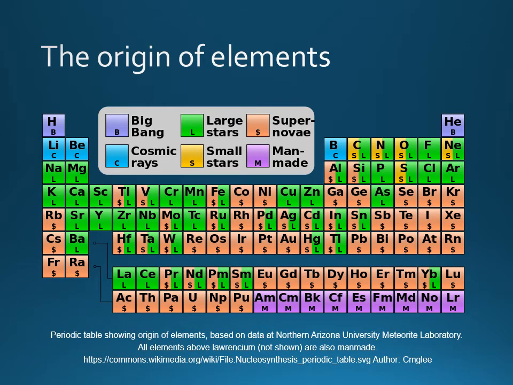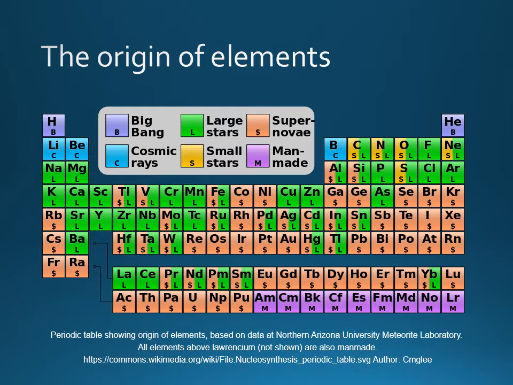Here's a periodic table of elements showing the processes that created them. As we learned in Chapter 1, the Big Bang event produced the hydrogen and helium of the universe. In physical cosmology, Big Bang nucleosynthesis, also known as primordial nucleosynthesis, produced lithium and beryllium in the early universe.